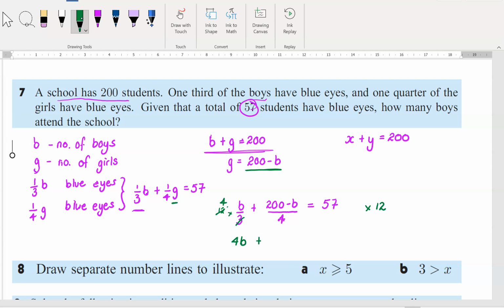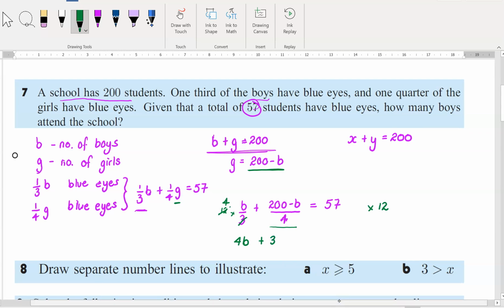And if I times this by 12, the 4 and the 12 cancel to become 3, so that becomes 3 lots of 200 take B. And remember, if you didn't like the B, you can replace it with an x, and that has to equal 57 times 12.